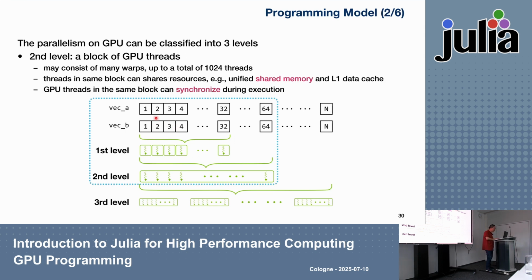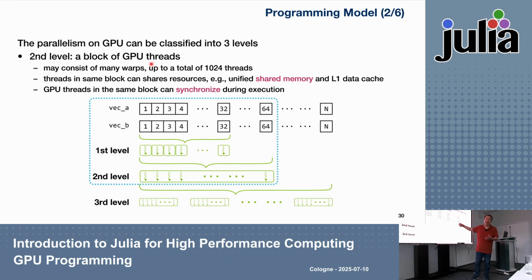The next level of parallelism is to group those warps to form a so-called block of GPU threads. 32 threads form a warp, and then you have, let's say, 2 warps, which gives you 1 block of GPU threads. Here it's 64.